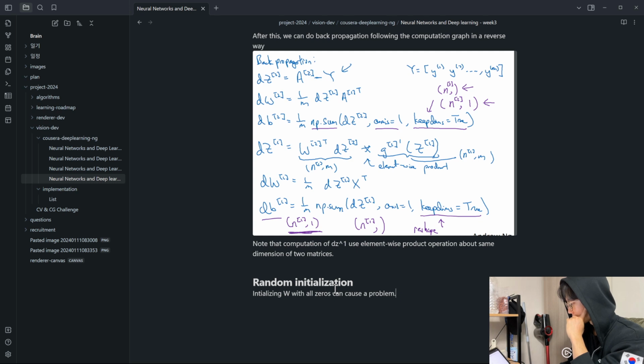Both of these hidden units will initialize the same way. Technically, I'm assuming that the outgoing weights are also identical, so that W2 is equal to 0, 0. But if you initialize the neural network this way, then this hidden unit and this hidden unit are completely identical.